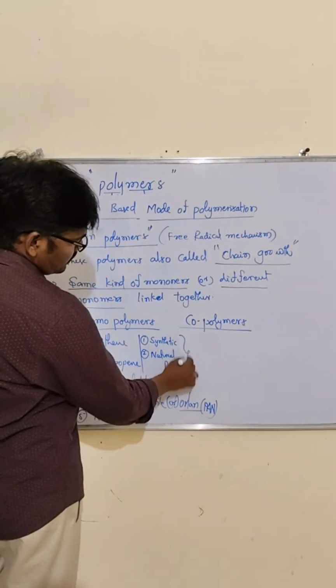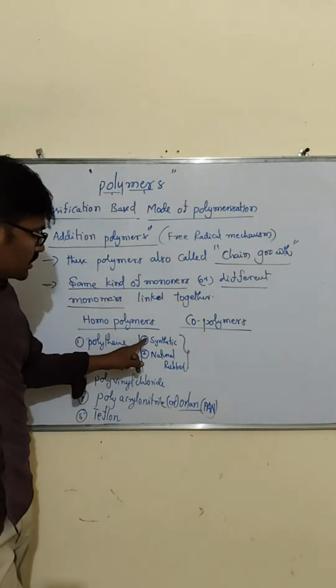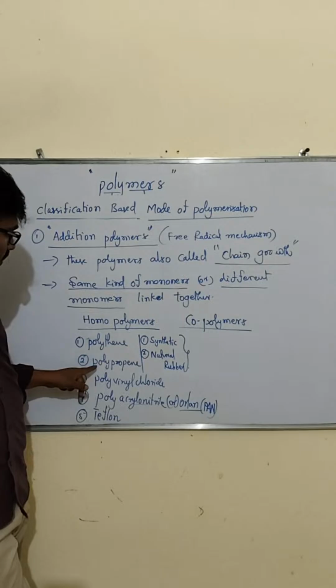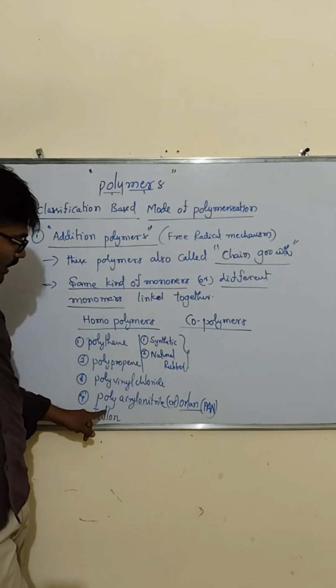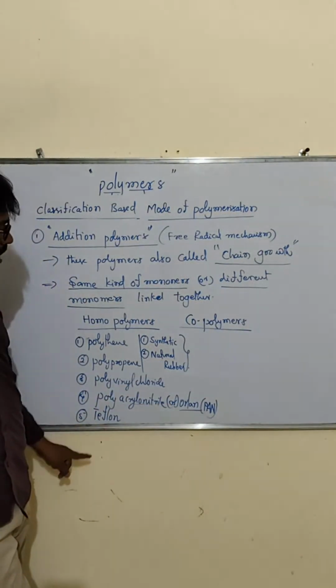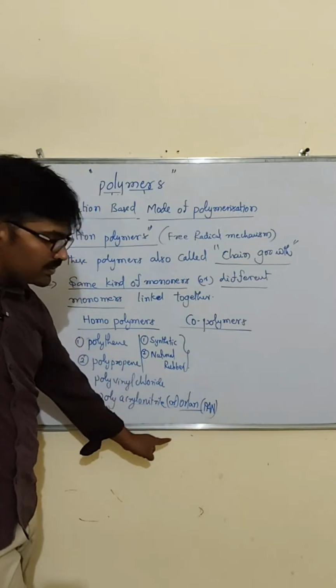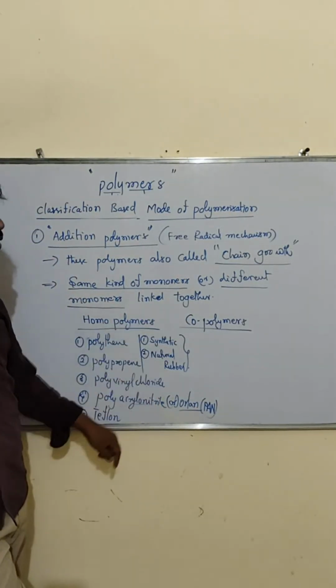Remember, synthetic rubber, natural rubber. These two rubbers are also homopolymers. Then polythene, polypropene, polyvinyl chloride, polyacrylonitrile, then Teflon. All these are homopolymers.